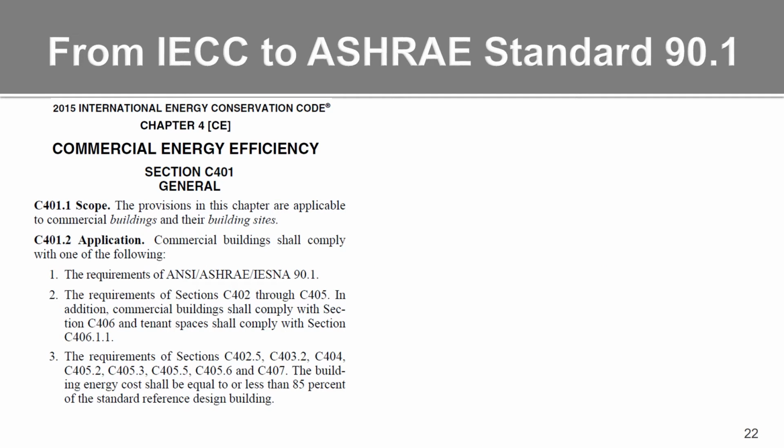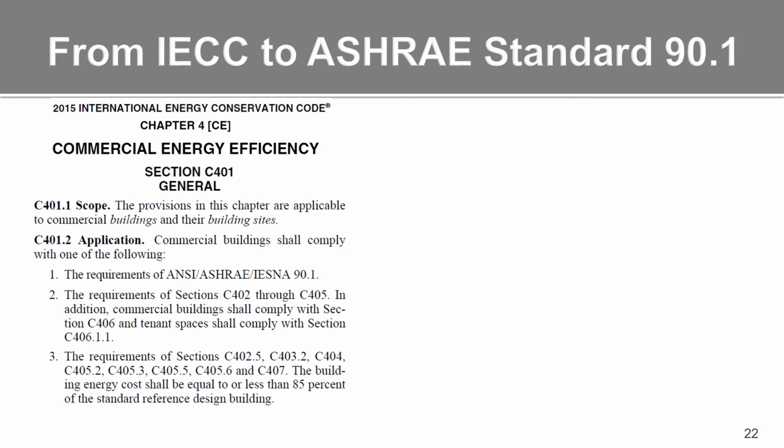So in part 3, we'll get into 90.1, and I want to briefly show you how to navigate to there from within the IECC. Chapter 4 of the IECC has the general scoping provisions, and this has the same information as the older versions of the IECC, just with less and less text as you get into the older versions. But in essence, the IECC gives you the options. First, it says commercial buildings shall comply with one of the following.